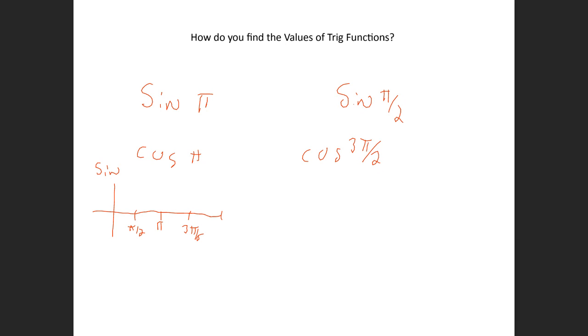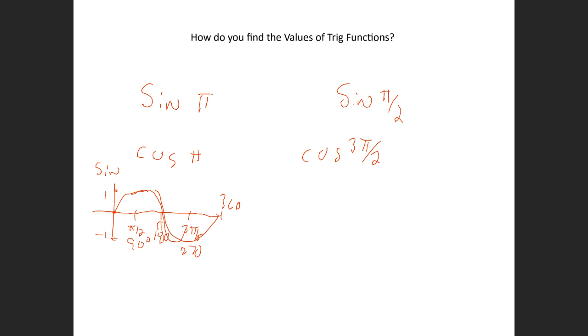The sine function always starts at 0, goes up to 1, goes down, and then it comes back up here. And this is -1 here. This is 90 degrees; sometimes they give it to you in degrees, sometimes in radian measure. This is 180 degrees, this is 270 degrees, this is 360 degrees.